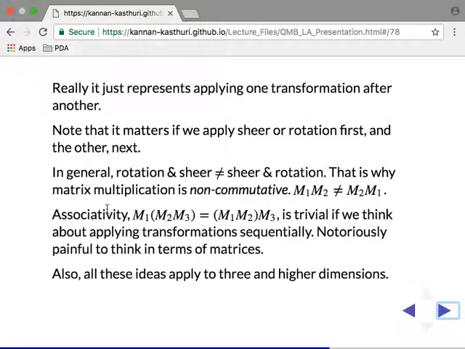Now think of associativity. You can apply a matrix M1 to M2 and M3. Is it the same as applying the matrix M1 to M2 and then to M3? It's trivial because it's just a composition now. Geometrically, you don't really have to compute all those nitty-gritty details.